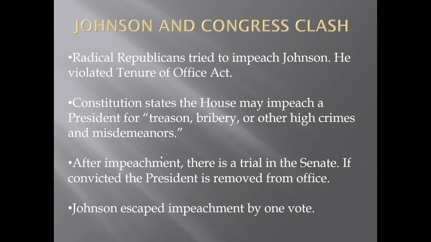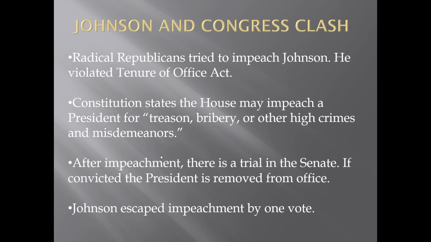Well, Andrew Johnson, when he took over the presidency, all of the people in the cabinet were people that Abraham Lincoln had picked and Congress had voted and approved on. He wanted to replace his Secretary of War. His last name was Stanton, and he fired him. And Congress said, well, you can't do that because you're not allowed to fire officials that Congress has already approved.